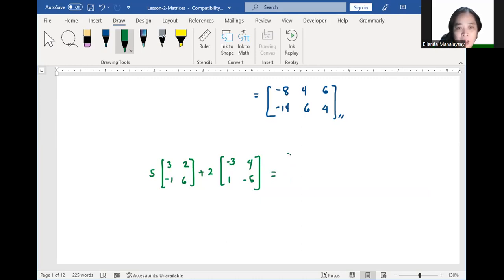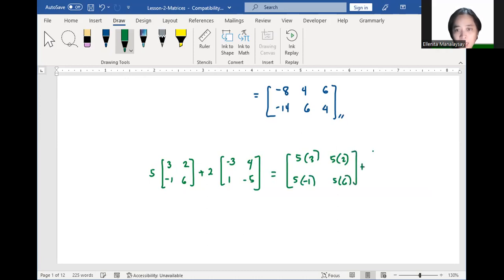First, we multiply 5 by each of the entries on the first matrix. So we have 5 times 3, then 5 times 2, then 5 times negative 1, and then 5 times 6.